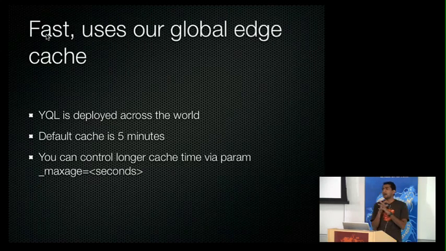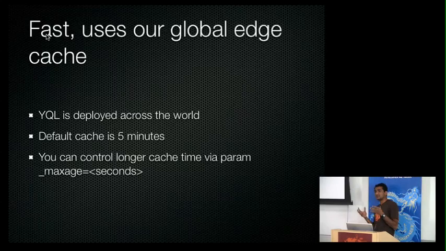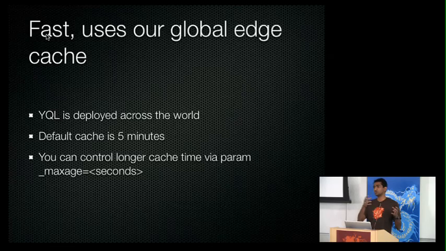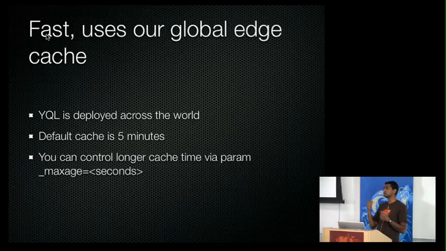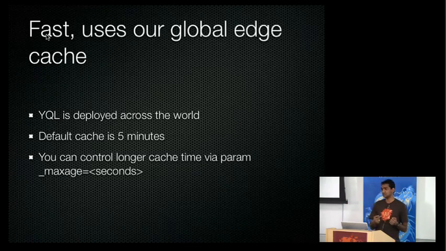So next up, YQL is deployed across the world in multiple colos. So when your application is directly using YQL from the front end, for example, then it actually goes to the YQL engines that are closest to your users. Let's take the example of your user in the US. Based on their IP address, it goes to the closest YQL engine, which can pick up that request and serve it.